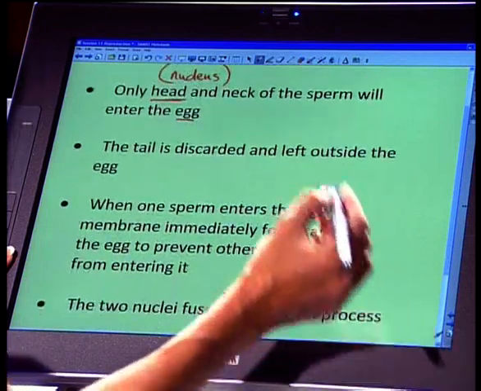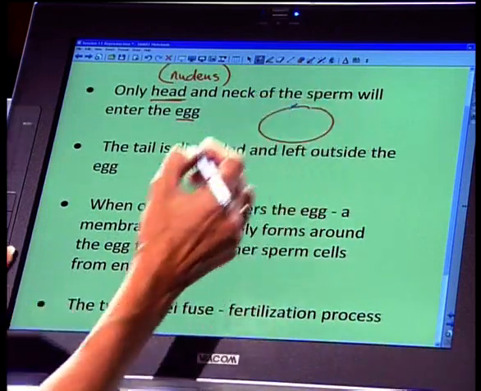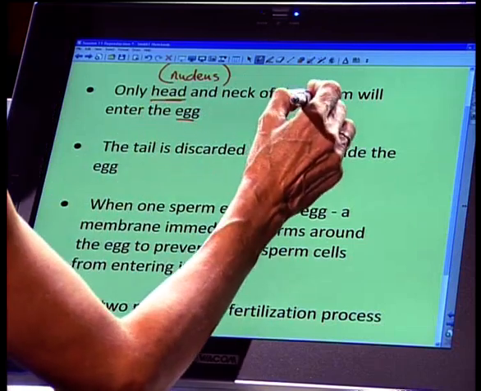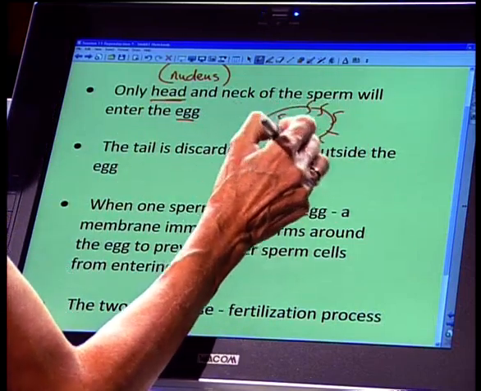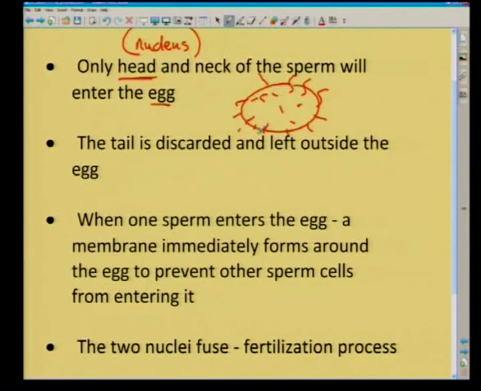Now, I'm sure you've seen pictures where you've got the egg and you've got a whole bunch of little sperm cells all around this little egg cell. And the egg cell is only going to allow one little sperm cell that it chooses to go in.